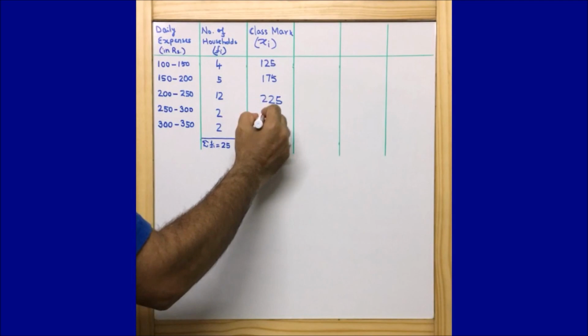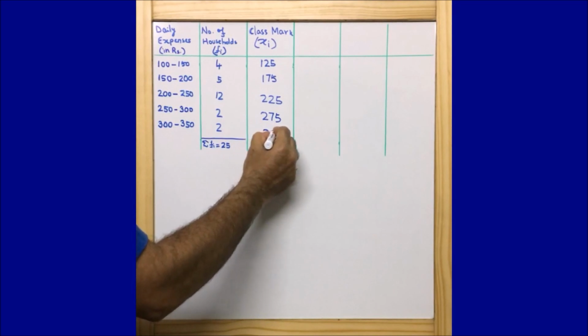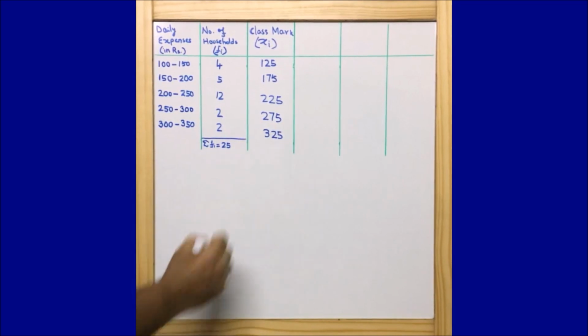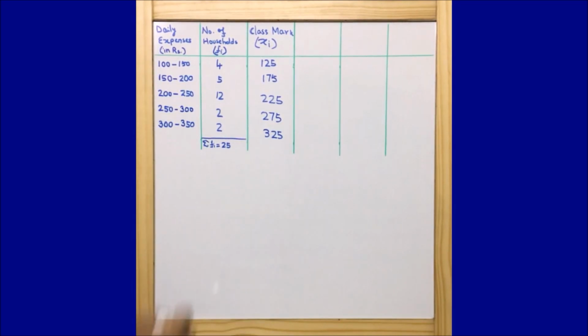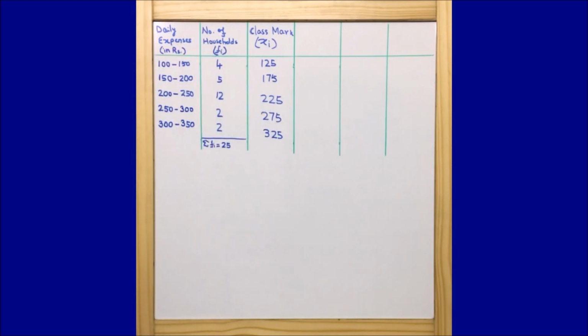Similarly 225 plus 50 is 275, and the last one will be 325. So once we get the first, we can add the class height. So here we got the class marks as 125, 175, 225, 275 and 325.